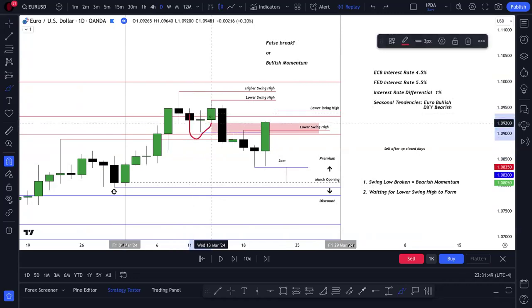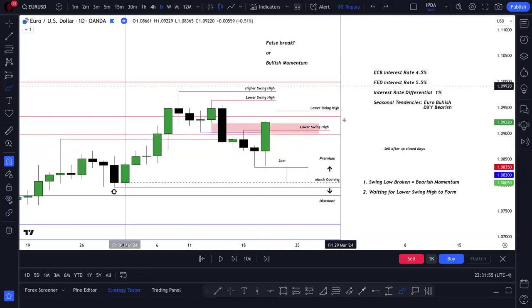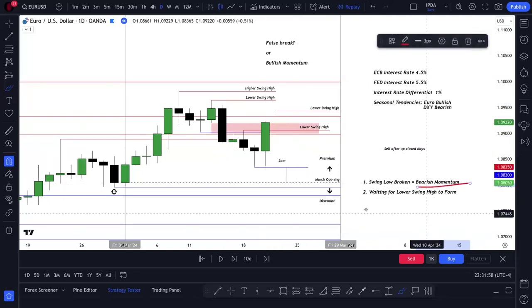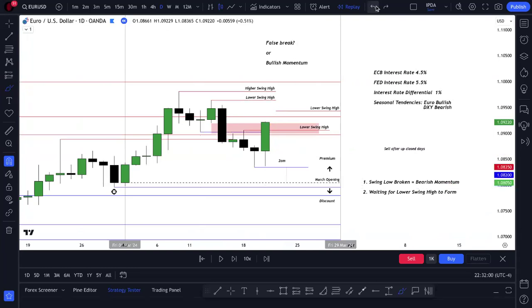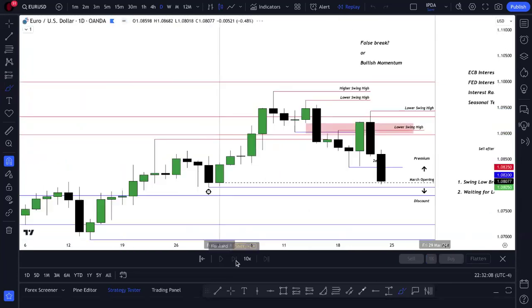We finally got that higher swing low and then we ran it. I was like, dang, I guess EU is probably either going to be a false break or bearish momentum. And we stated that here: is that a false break or is that bullish momentum? And we know that it's a false break because in the next 2 days, price comes back down and takes out a swing low.